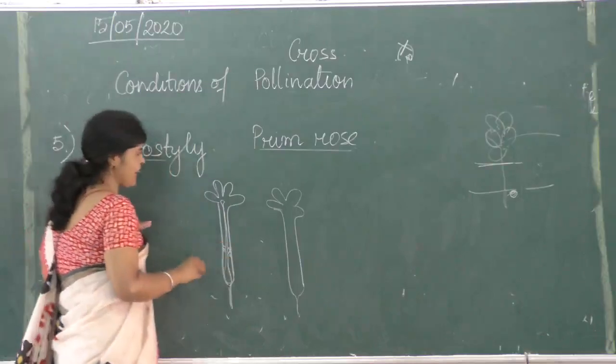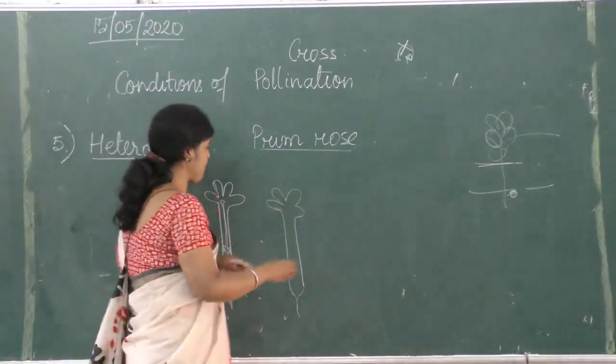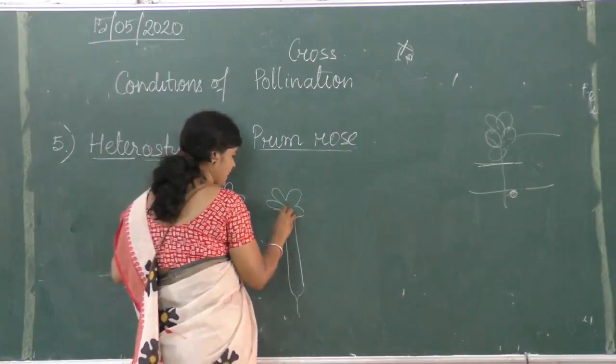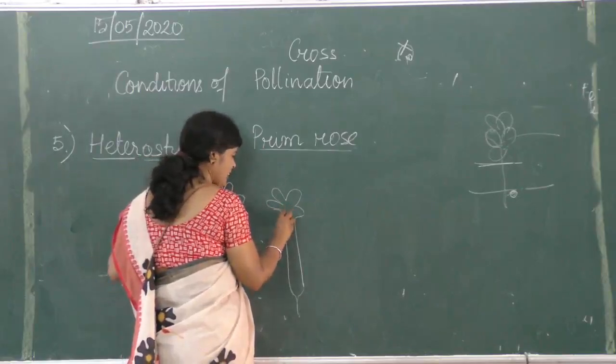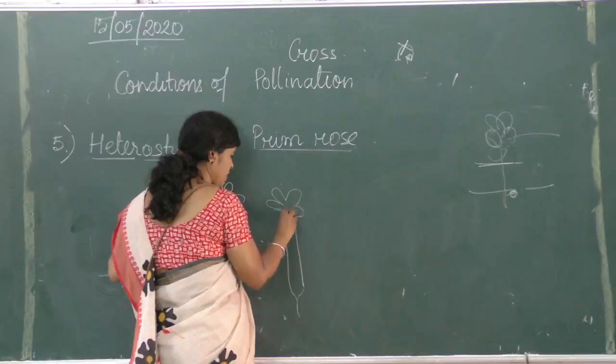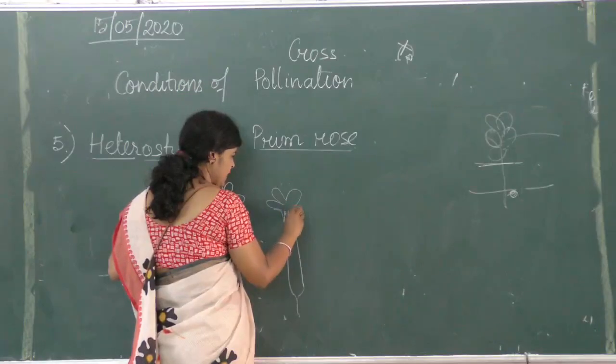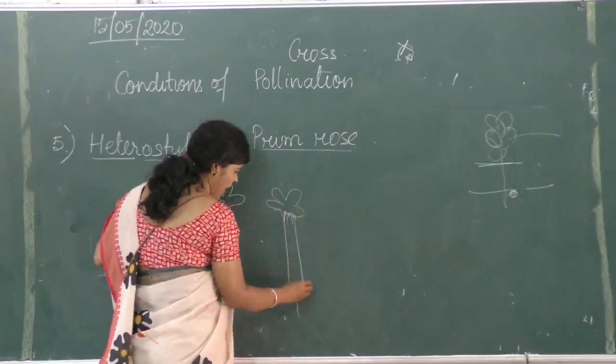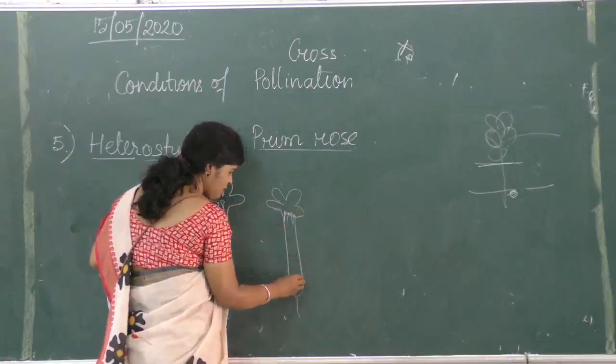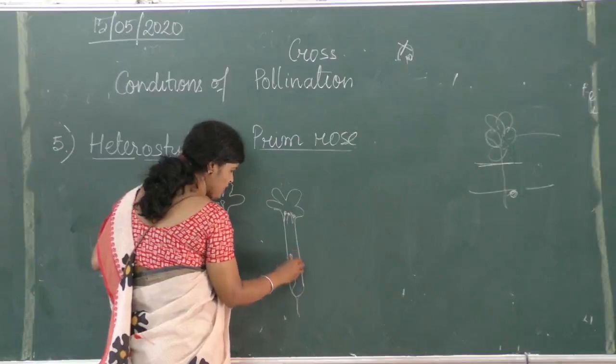And in the same plant you will find that in some of the flowers, the stamen is located on top and the pistil is a small structure.